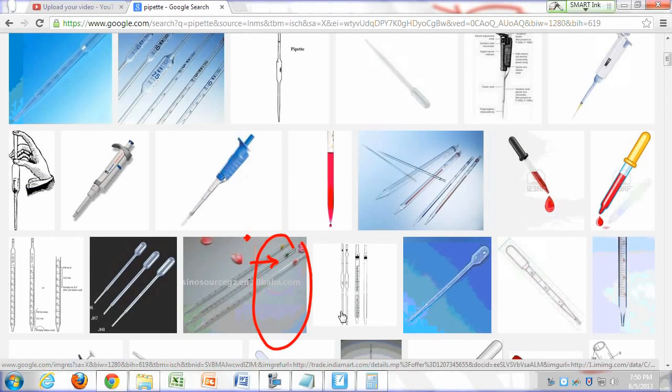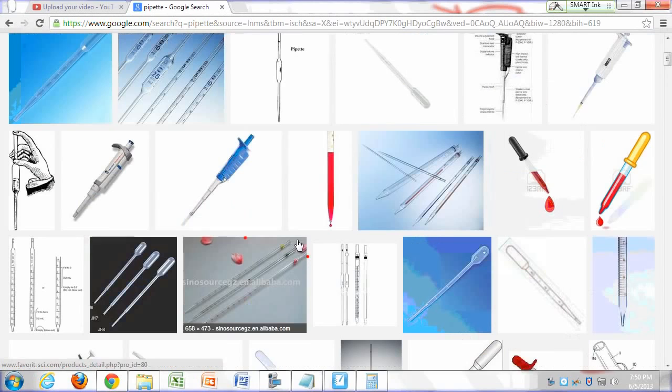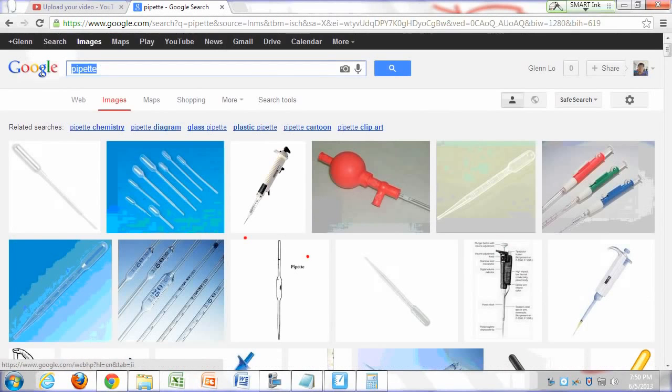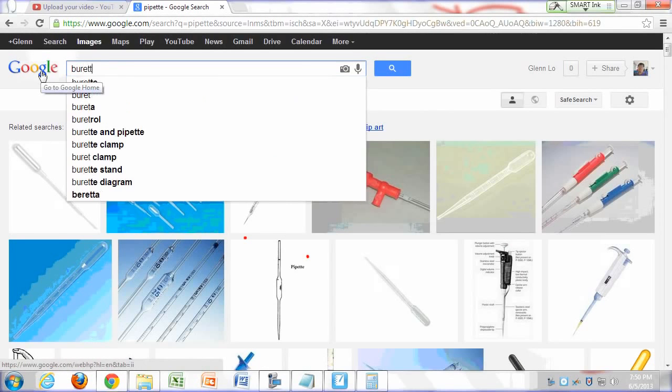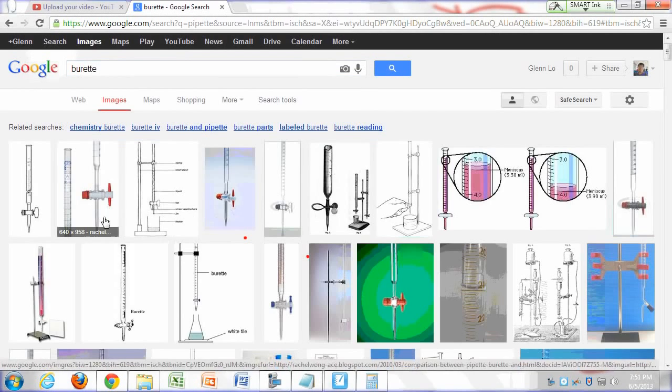You may also use what's called a burette. These are some calibrated pipettes right here, so there are markings that allow you to control how much volume you want to dispense. A burette is also something you could use to deliver liquid. These are examples of burettes.